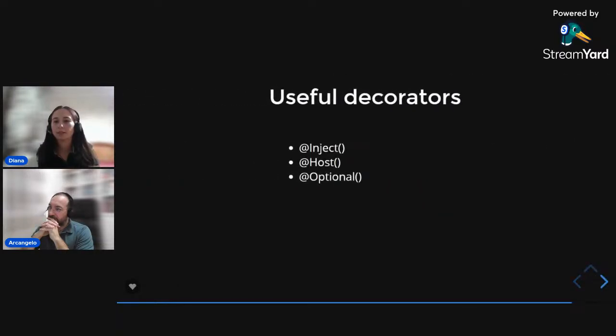You would write Optional if you have some optional dependency and you don't know if it will be provided or not. So the Optional decorator tells Angular that instead of throwing an error if there is no dependency, it should return just null, and you could handle it.